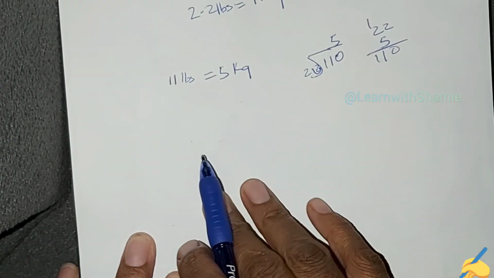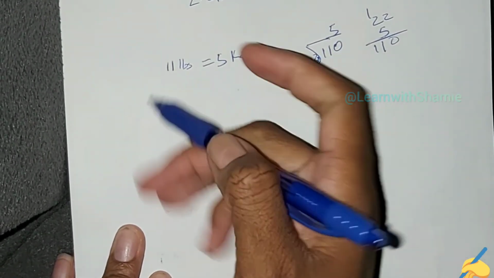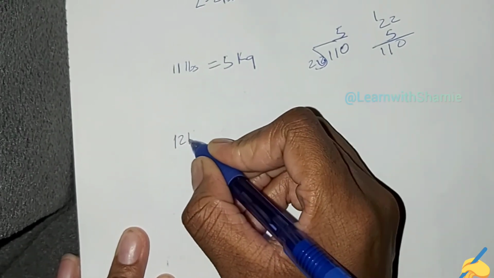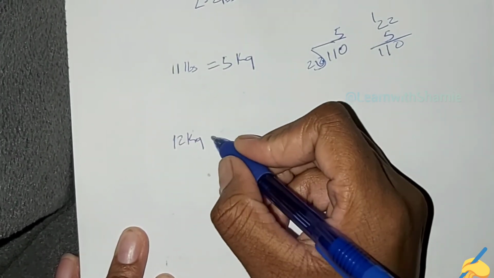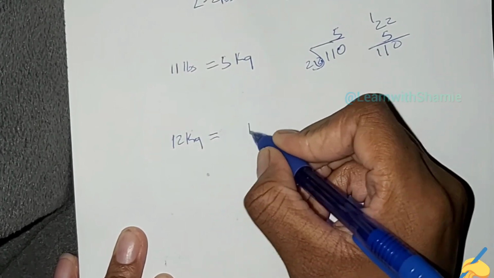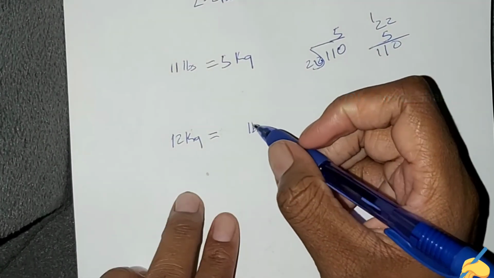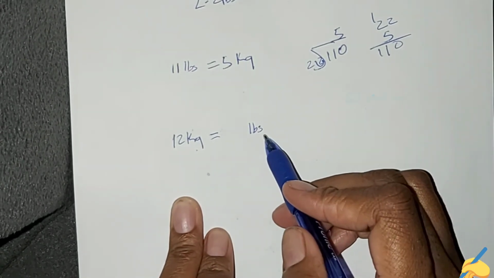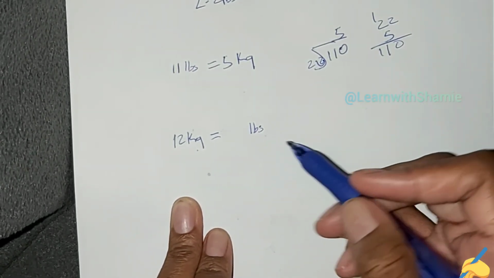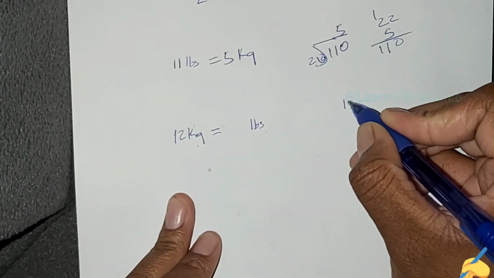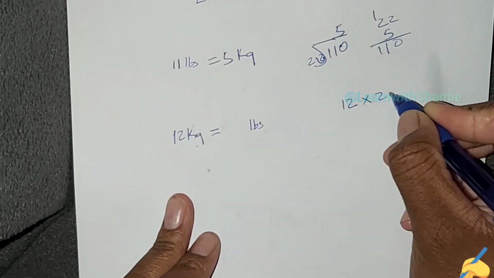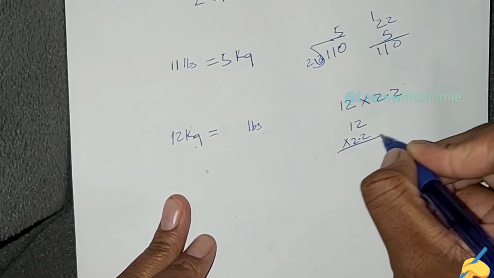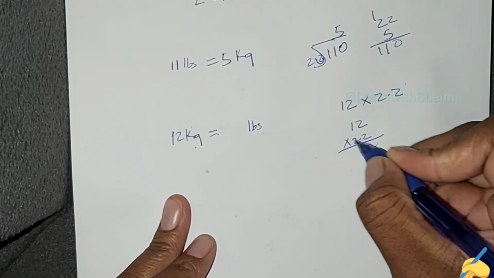The next example, we're going to convert from kilogram to pounds. So for example, we have 12 kilograms. We want to find the equivalent in pounds. So we're converting from a larger unit to a smaller unit. So we're going to multiply. So 12 kilogram by 2.2. So 12 times 2.2. 2 twos 4, 2 ones 2.